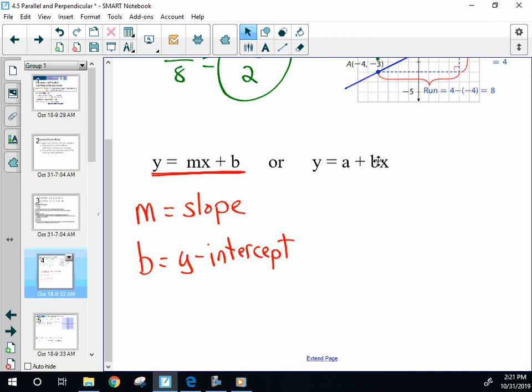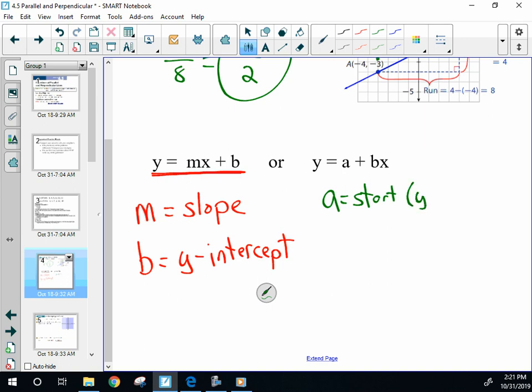The other one is an equation which is used a little bit more often. It's a little bit different: we use y equals a plus bx. Here, a represents our start, which in reality is just our y-intercept.